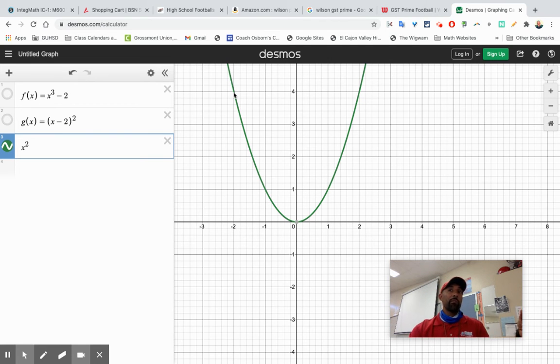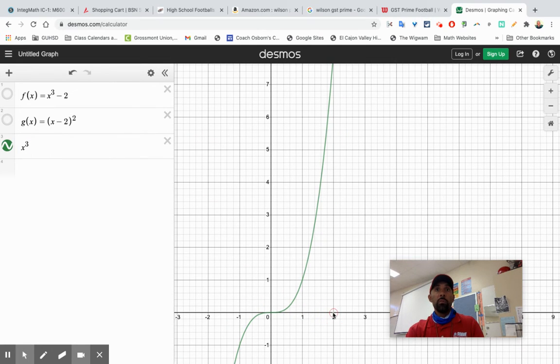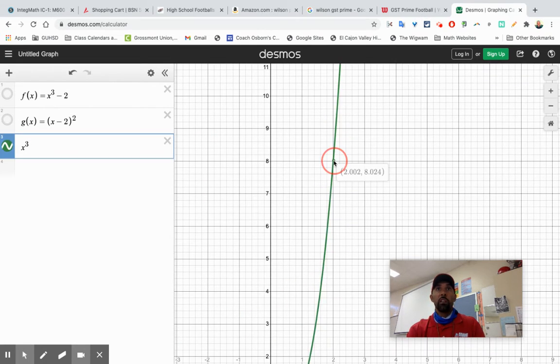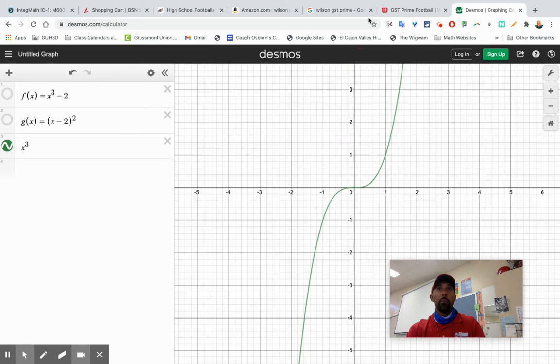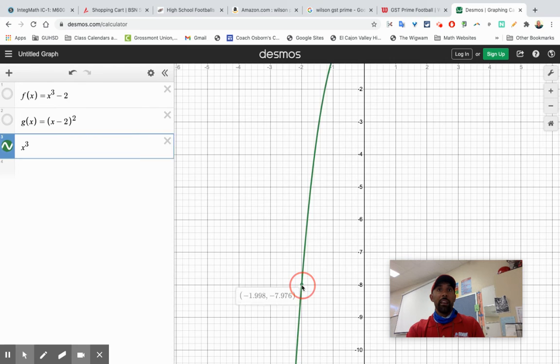If I go to the negative value of x, it also gives me 4. So that's even. The case of an odd function would be something like this. If I go to, let's say, 2 and go up to the function, it gives me positive 8. But if I go to -2, it gives me the opposite of that, negative 8. So that's an odd function.